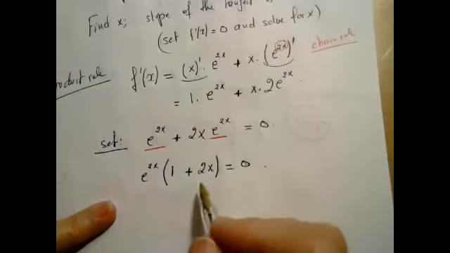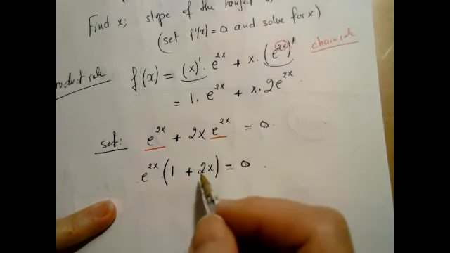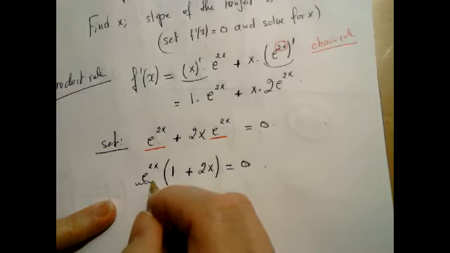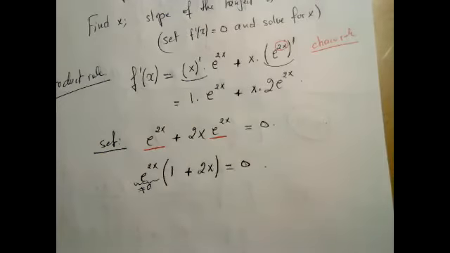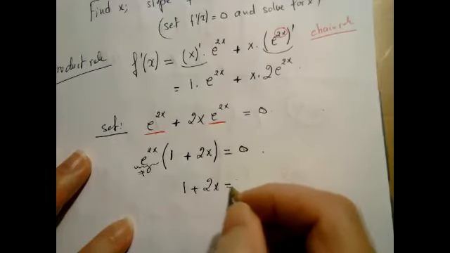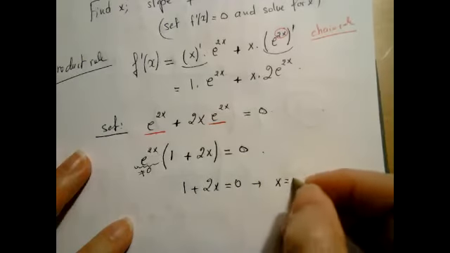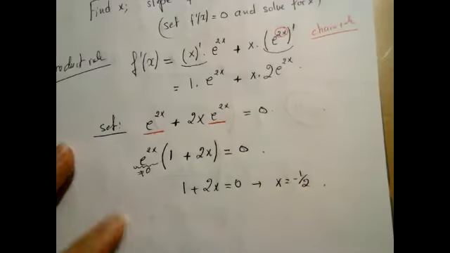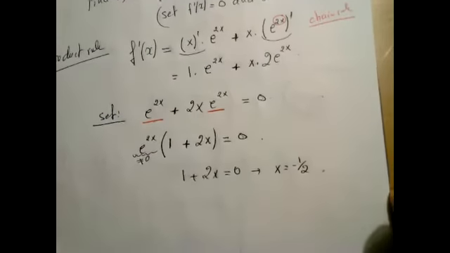Now, if a product is 0, it means one of the factors is 0. This factor is never 0, because the exponential is not 0. So the only way this product can be 0 is by having 1 plus 2x equal to 0, which will give me x equal minus a half. So the slope is horizontal at x equal minus a half.